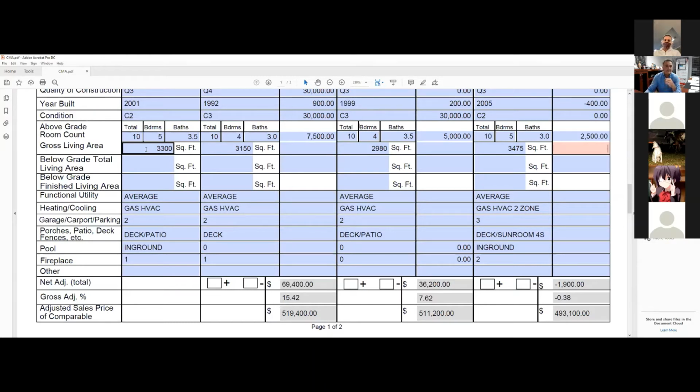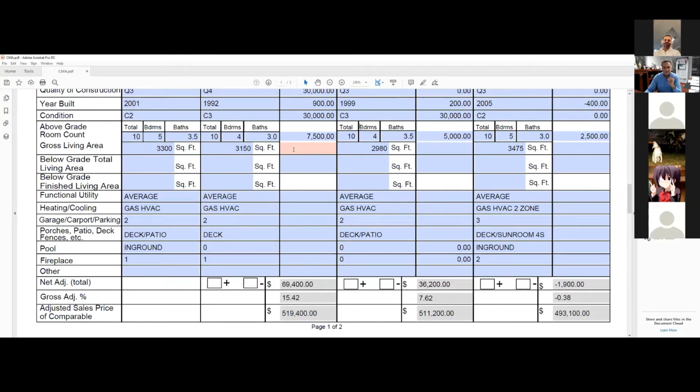All right. Got you. So now this home has 3,300 square feet minus 3,150 times. So what would be our square foot adjustments based on this price range? So I would use 30.